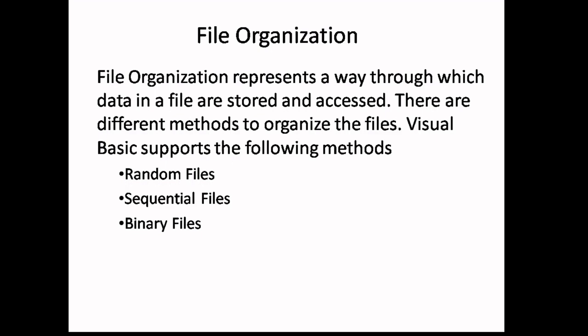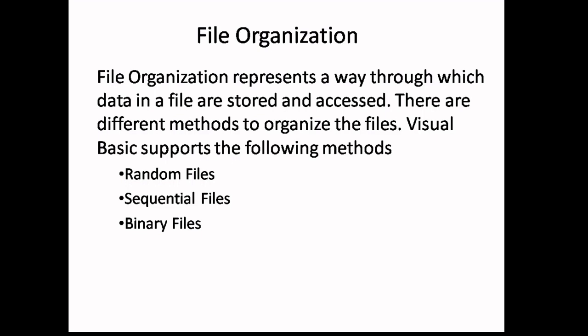So what is file organization? File organization represents a way through which the contents of a file are stored or accessed. If we want to write some contents into the file or read some contents from the file, then we have to follow a certain procedure.